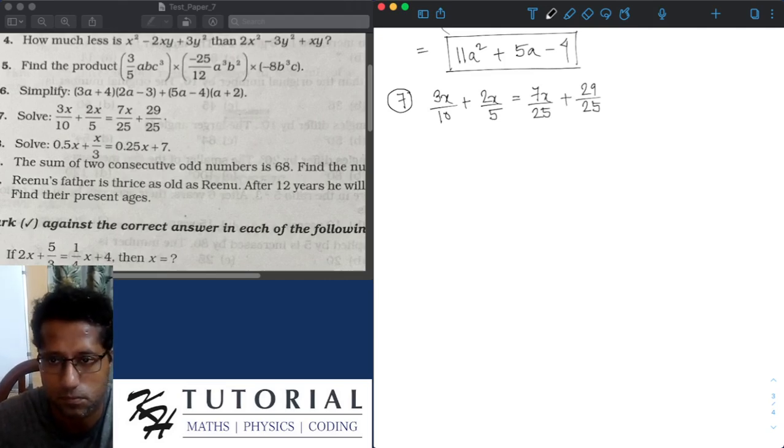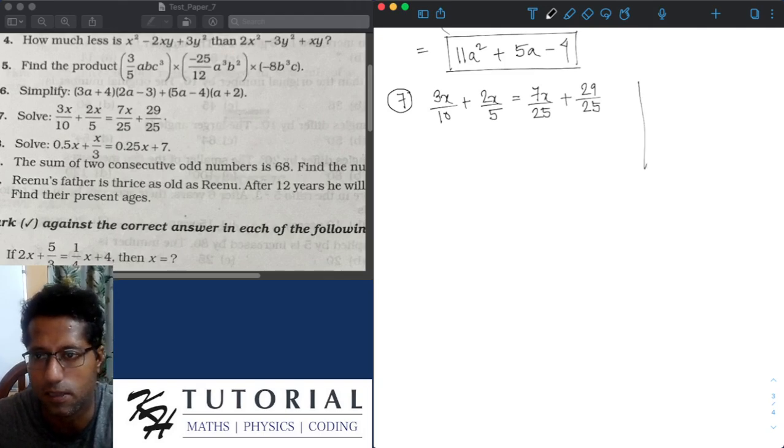So the LCM of 10, 5, 25 we have to find. Let's quickly find what is the LCM of 10, 5 and 25.